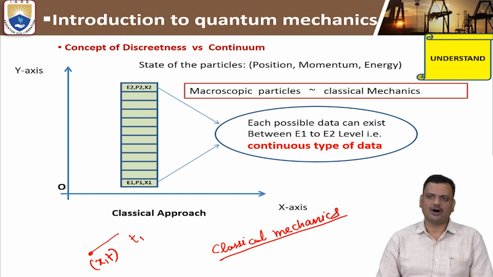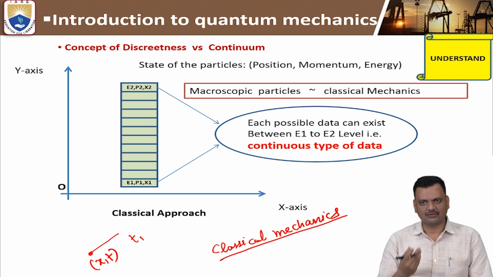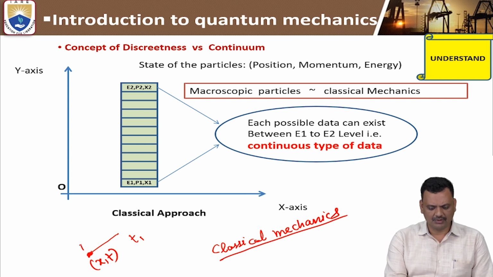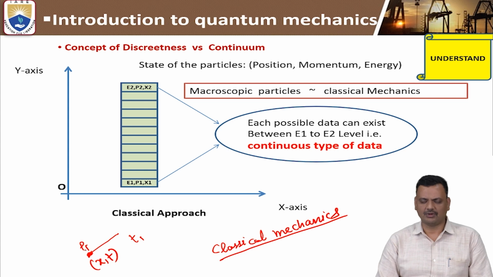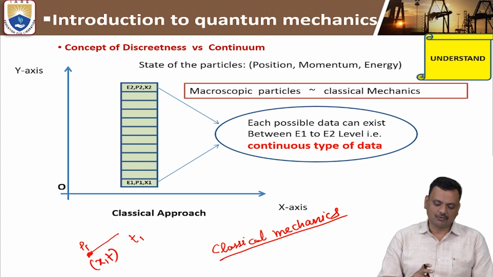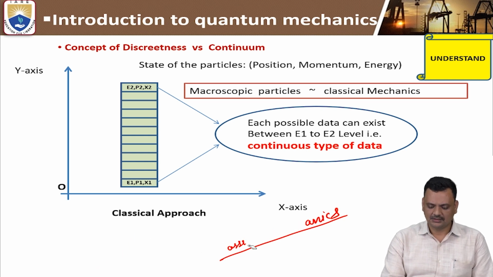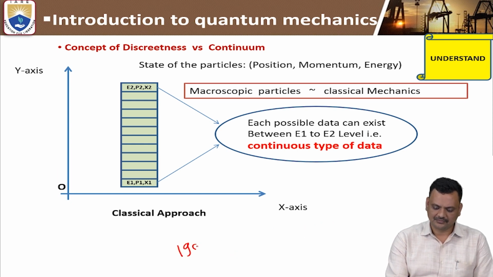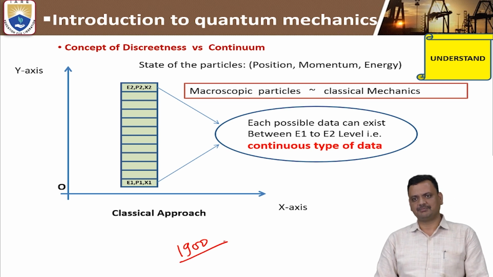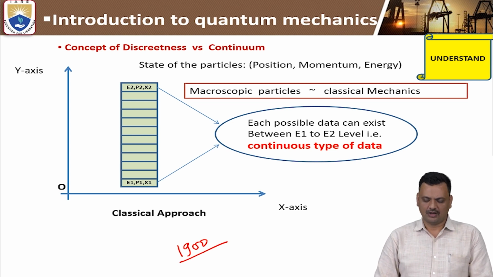With the help of all the rules of classical mechanics, we can calculate the energy and momentum of the considered particle at any particular time. But what happens so that we need quantum mechanics? Around 1900, several experiments evolved.